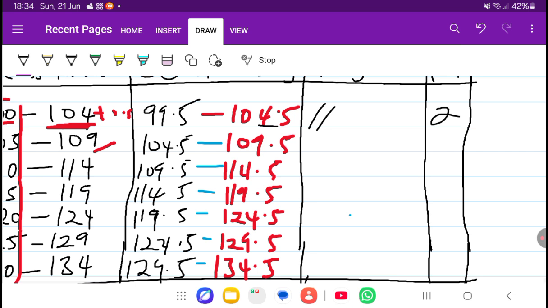We put also its frequency 2. The second one had 8. 1, 2, 3, 4, 5, 6, 7, 8. Those are 8. The third one had 18. 1, 2, 3, 4, 5, 6, 7, 8, 9, 10, 11, 12, 13, 14, 15, then 16, 17, 18.